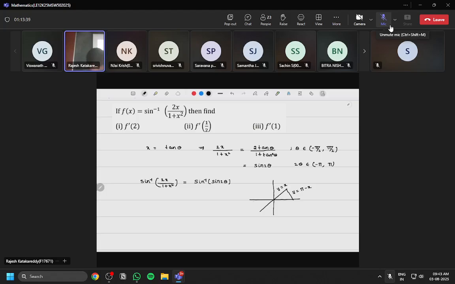Clear? So this is the graph, and then here y is equal to x. Slope seems negative again, and the intercept is negative also. So y is equal to minus pi minus x.